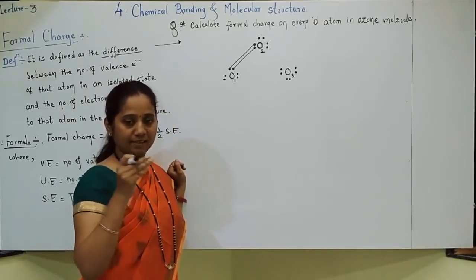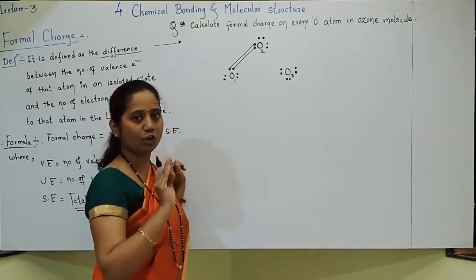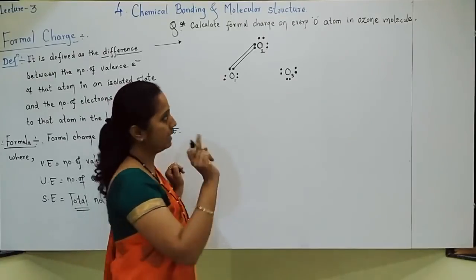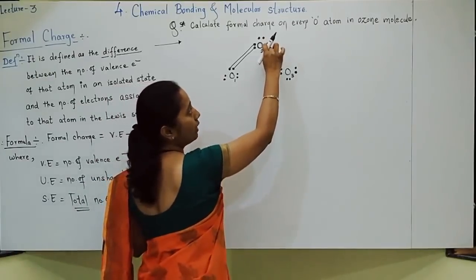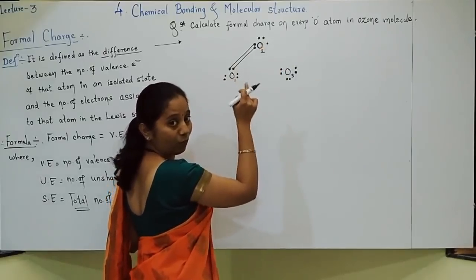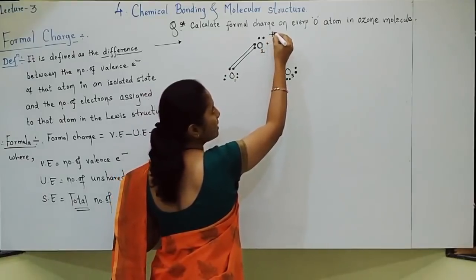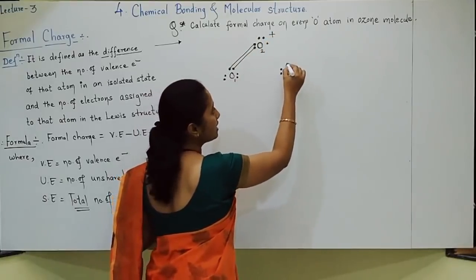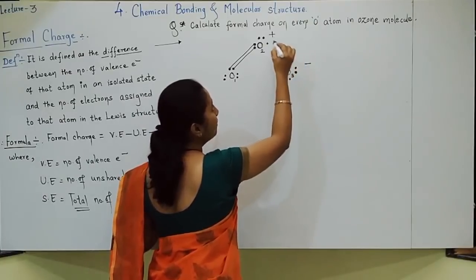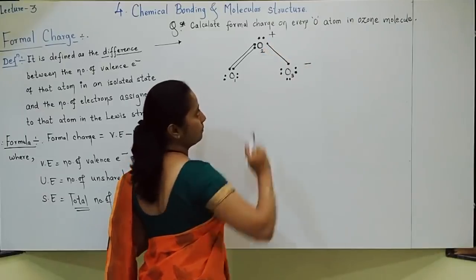But the third oxygen is not returning any electron to the second. No electron will be given by the third to the second. Now I am removing 1 electron of the second. The second oxygen donating 1 electron gets a plus charge. The third oxygen accepting that electron gets a minus charge. And those electrons are shared.